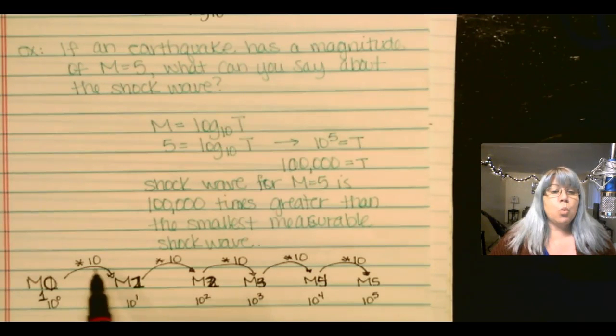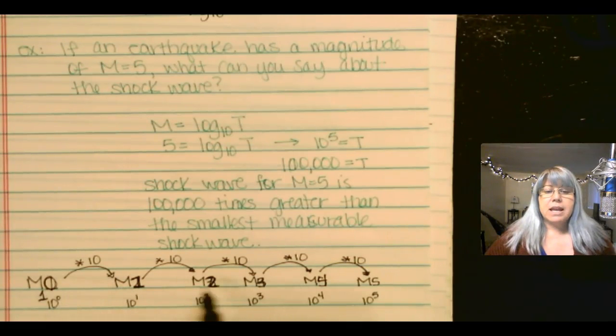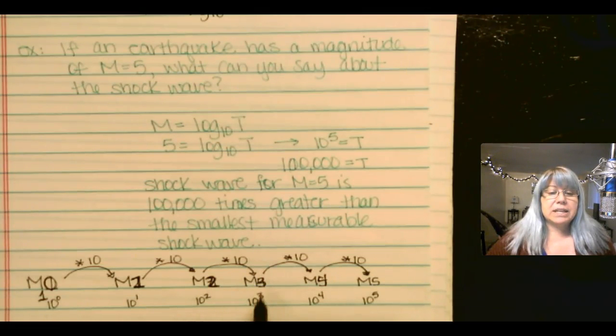A magnitude 1 is 10 times greater than the smallest one, in other words, 10 to the 1st. A magnitude 2 is 10 squared, so it's 100 times greater than the smallest one measurable. A magnitude 3, when we multiply the last one by 10, we get 10 cubed, that means it's 1,000 times larger than the smallest measurable shock wave.